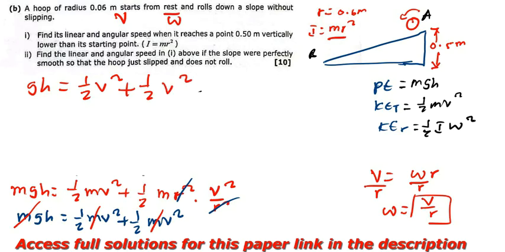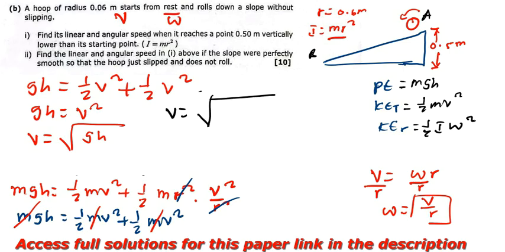My goal is to find the v. So half plus half, I'll end up having 1. So I'll have just v squared. So when I do that, I'm going to get the square root. So v will be equal to the square root of gh. If we are to plug in the values, what are we going to have? v is equal to the root of 9.8 times h, which is 0.5.